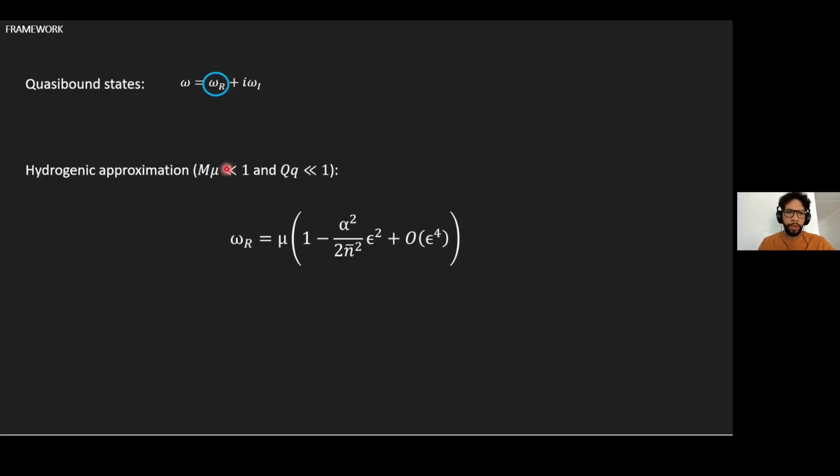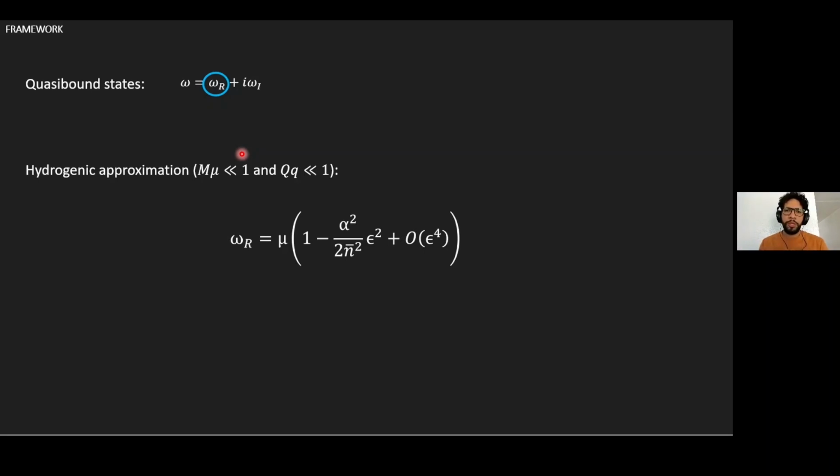Well, in general, the quasibound spectrum has complex frequencies. So we may separate the spectrum into its real part and its imaginary part. Now let's focus our attention on the real part of the spectrum. For the real part, we may use the so-called hydrodynamic approximation, which basically assumes the weak coupling regime. In this regime, the quasibound states extend to large radii.